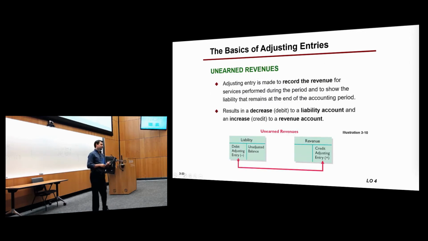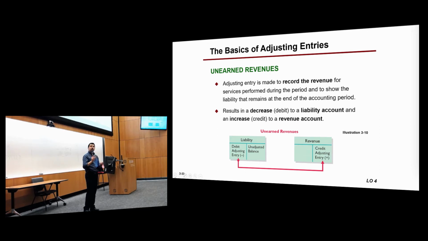Go ahead. Okay. So you said that you credited revenue, but then you also said that you were debiting revenue. No, I'm debiting unearned revenue. Unearned revenue is a liability. So remember, unearned revenue is basically an obligation that the company has. The company receives cash in return for services that they will provide later on. Now the company has a new obligation, a service.